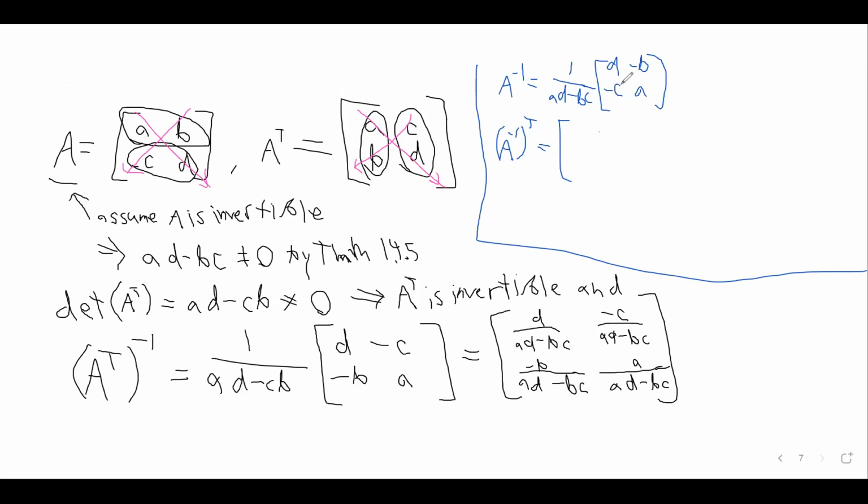Okay, now that's A inverse, and then you take the transpose of that, and so you get D over AD minus BC, negative B over AD minus BC, negative C over AD minus BC, and A over AD minus BC. That's because you're switching the rows and columns when you take the transpose.